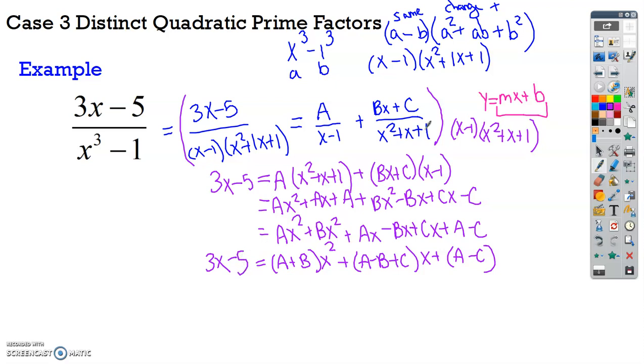All right, ready? So we have our x squared term. Oh no, there's no x squared term. What does that mean over here? It means a plus b has to give 0. Okay. Next, we have our x term. So a minus b plus c has to give me 3.